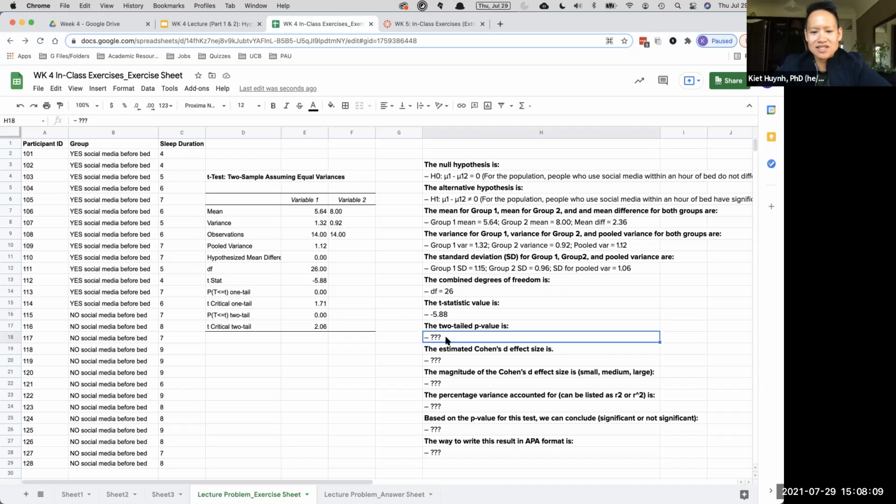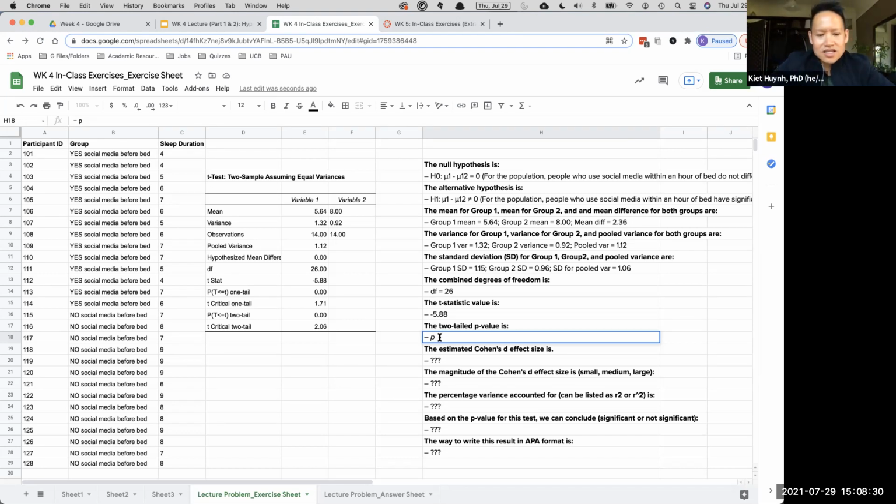But you can never write p-value equals 0, because you can never say there's no probability that the results are due to chance. There could be a very small probability, but you can never say there's no probability. So you can never write 0.